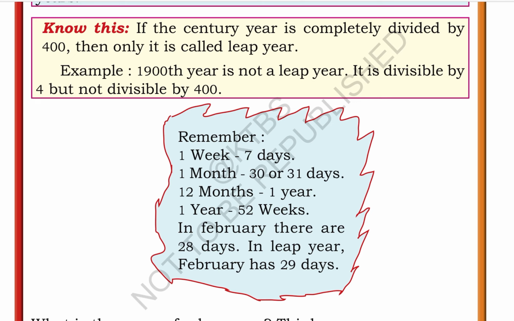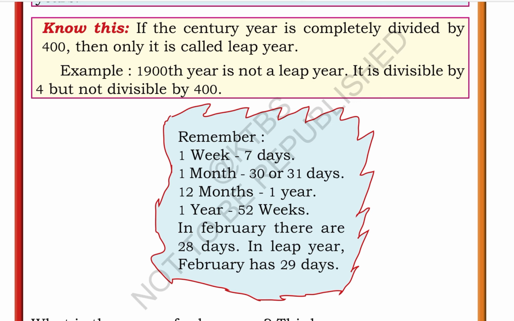A century year means a year that ends a 100 years. 2000 is a century year. 2100 is the coming century year, and the last century year is 1900. If the century year is completely divided by 400, then only it is called a leap year.